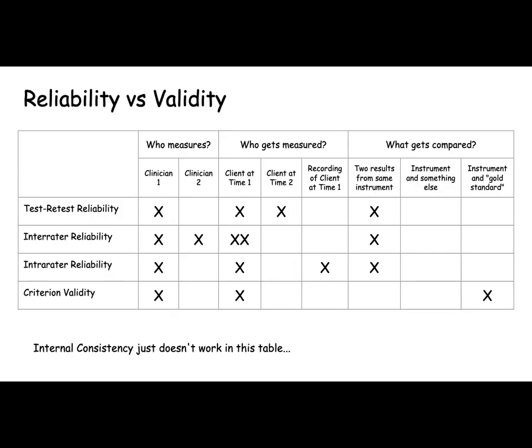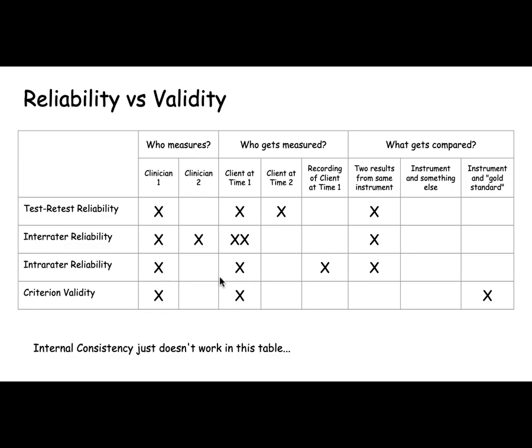This table tries to summarize some of these ideas. So test-retest reliability, there's one clinician, 2 different time measurements, and the 2 results from the same instrument get compared. Inter-rater reliability, 2 clinicians, 1 client at the same time, and you're comparing those measurements.